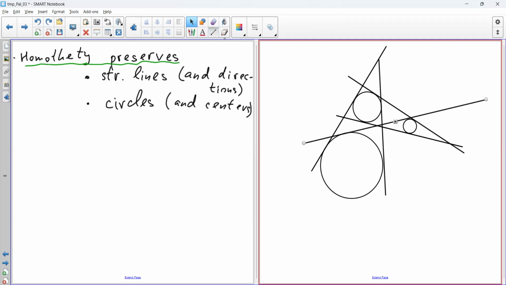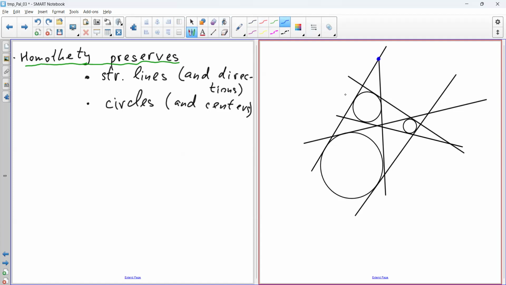And they do intersect in corresponding points. So we have this point of intersection.